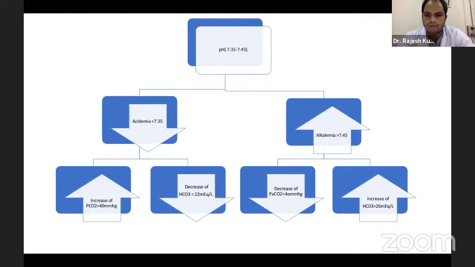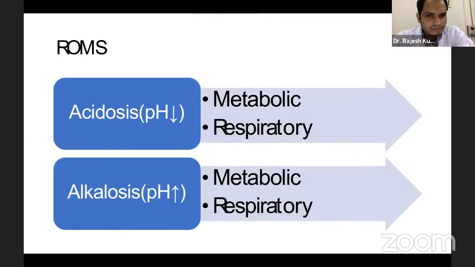If PaCO2 level is decreased, it is respiratory alkalemia, meaning your patient is hyperventilating, and if your patient has increased bicarb, it is metabolic alkalemia. It is just a mnemonic, I think, ROME. pH is decreasing because of metabolic and respiratory. If pH is increasing, it can be due to metabolic and respiratory.